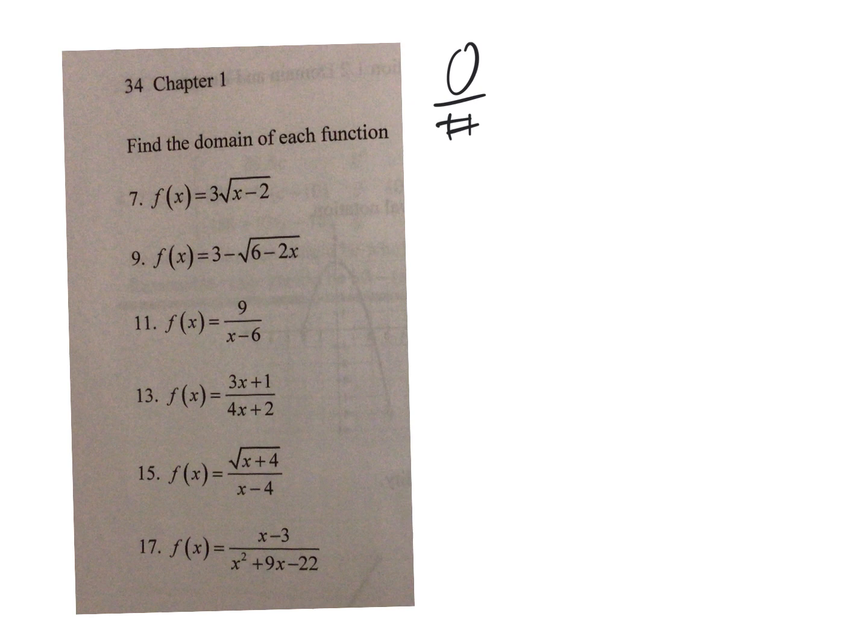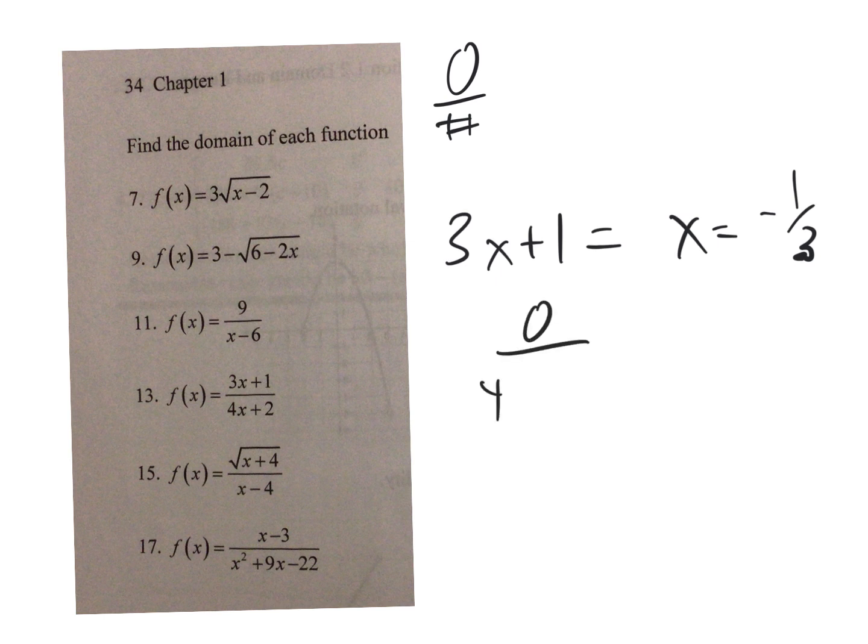Okay, so for 13, I could get a 0 in the numerator. Here, I write 2. When 3x plus 1 equals 0, that's when x equals negative 1/3, right? Move the 1 over, divide by 3. That's when we'd get 0 over whatever 4 times negative 1/3 plus 2 is.